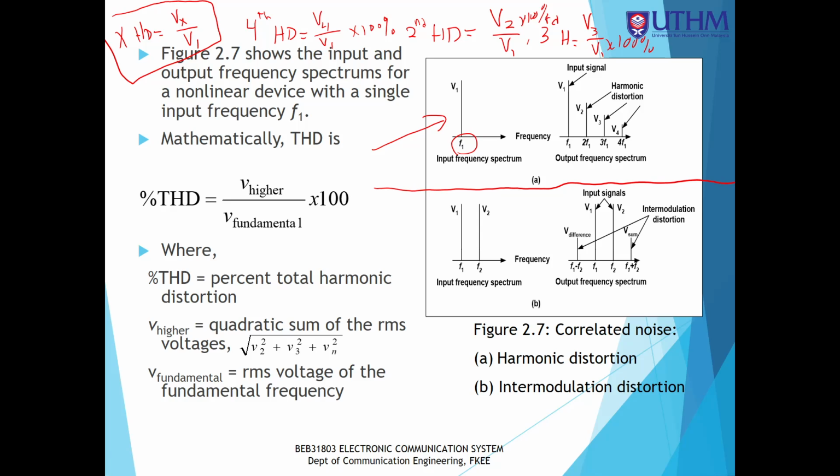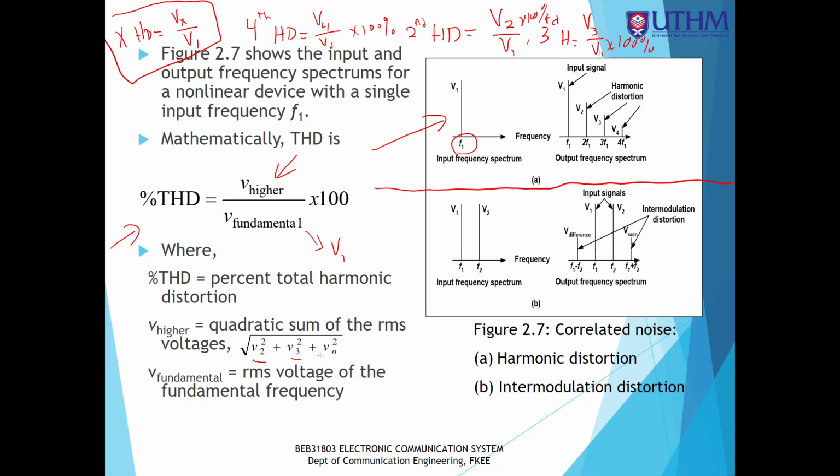Okay, so here is the total harmonic distortion. Total harmonic distortion is equal to the summation of the quadratic voltage divided by the fundamental. Contoh di sini, V higher adalah bersamaan dengan square root of V2 squared plus V3 squared plus until Vn squared, and then you divide by V fundamental, which is equal to V1.